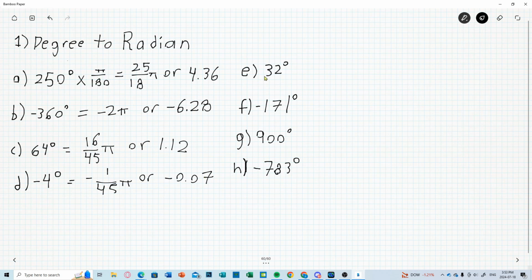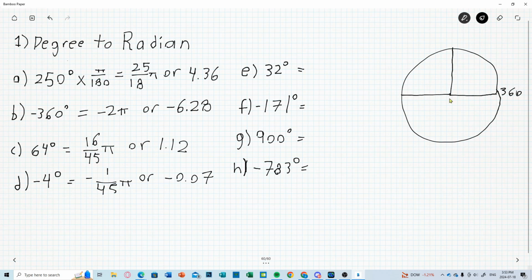So for these next ones, they're all pretty similar, but what's different between degrees and radians is it will follow the same circle. Instead of it being 360, let's say this is a perfect circle, we'll split it up into 4 different quadrants. So this will be 90 degrees, this will be 180 degrees, and this will be 270 degrees.